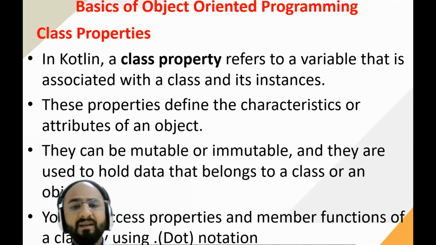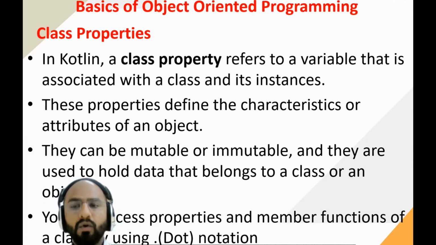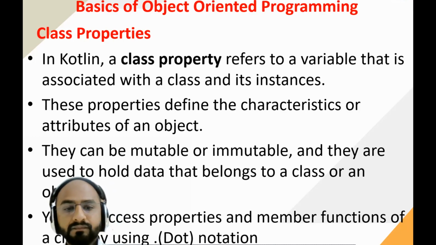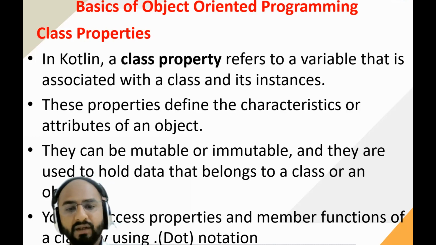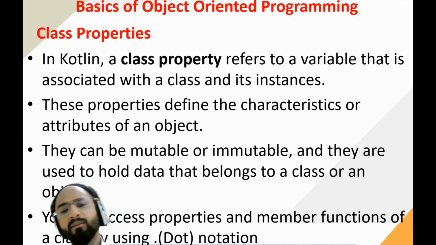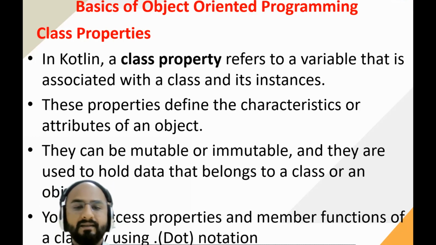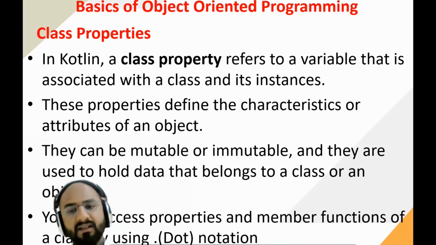The class property can be mutable or immutable, and they are used to hold the data that belongs to a class or an object. So when you are creating a class property, it can be of two types: mutable class property and immutable class property.